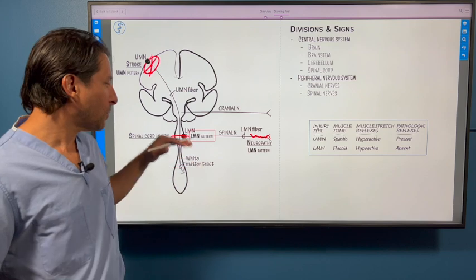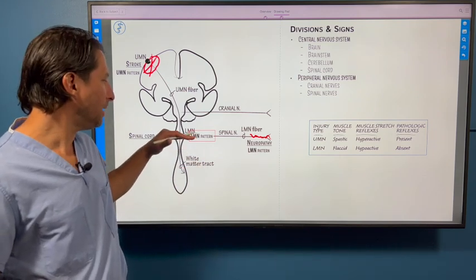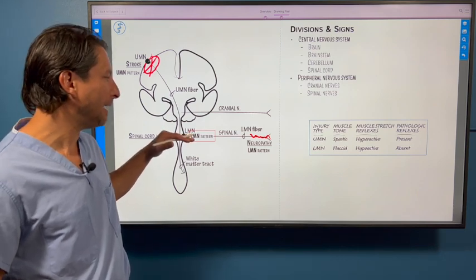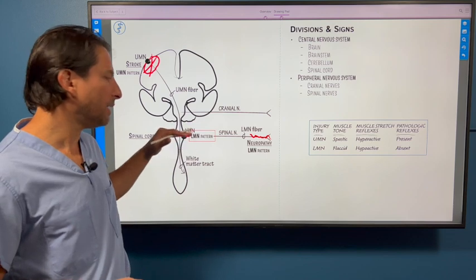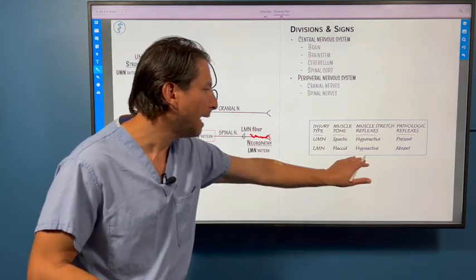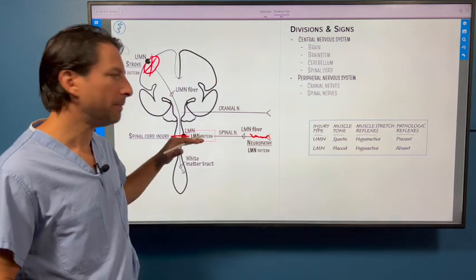Where this gets a little tricky is in a spinal cord injury. So at the level of the injury, there's a lower motor neuron pattern, meaning at that injury, so if we call it C5 level, the biceps reflex is going to be hypoactive because there's a lower motor neuron pattern.